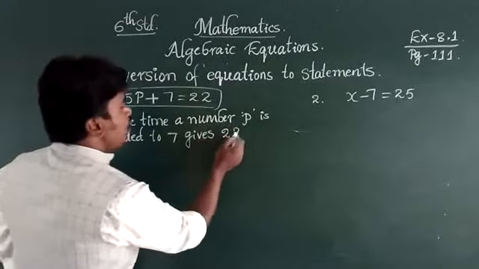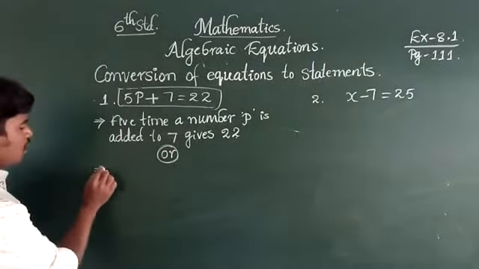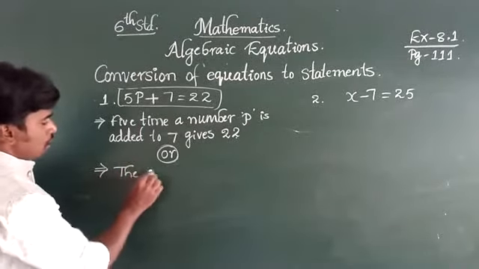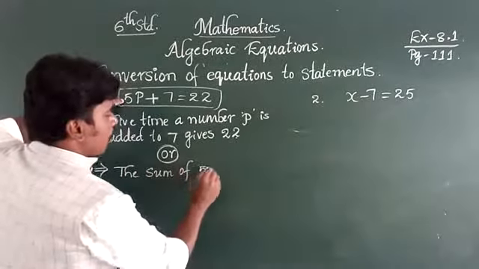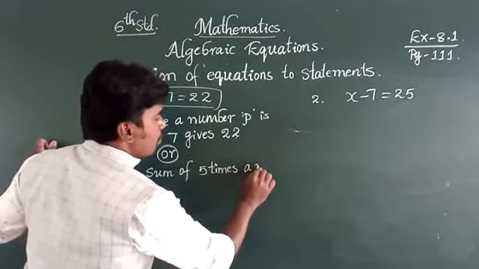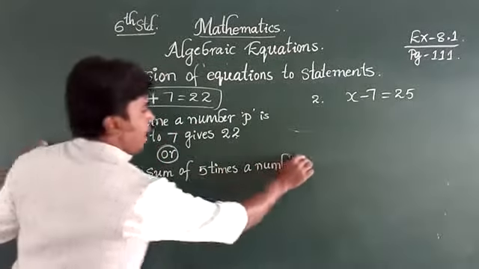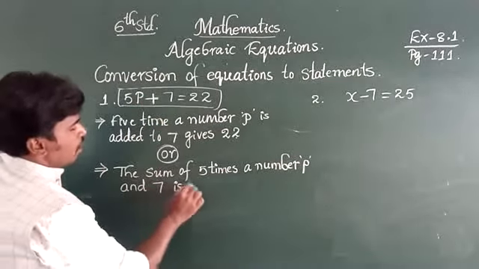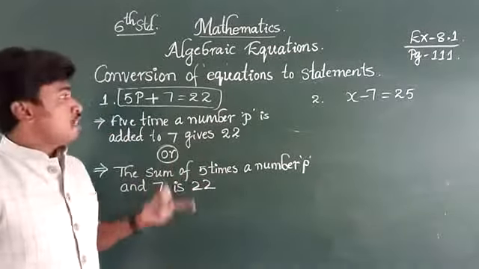Or in another way, the second way, is: the sum of 5 times a number p and 7 is 22. So these are the two possible ways you can write it in statement form.